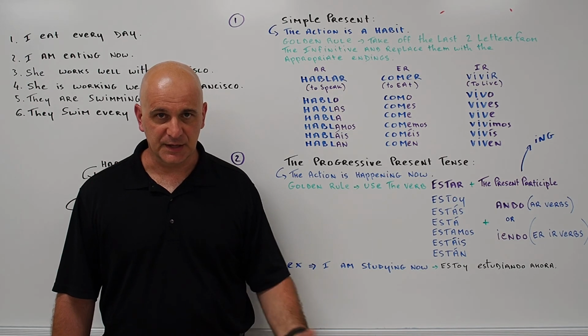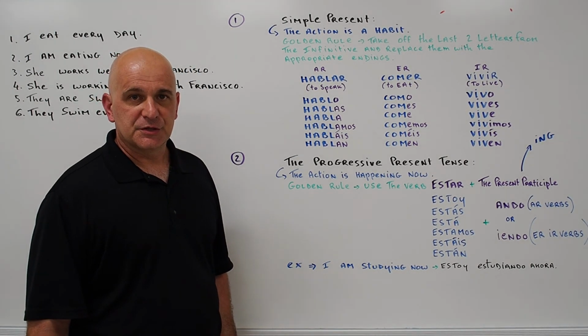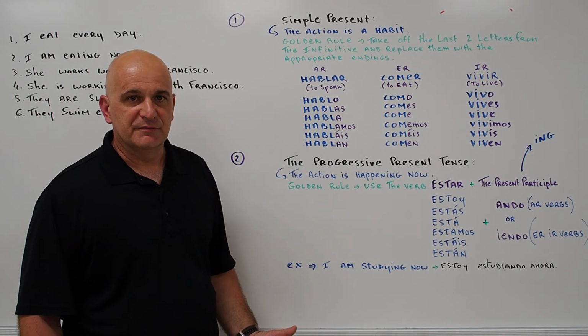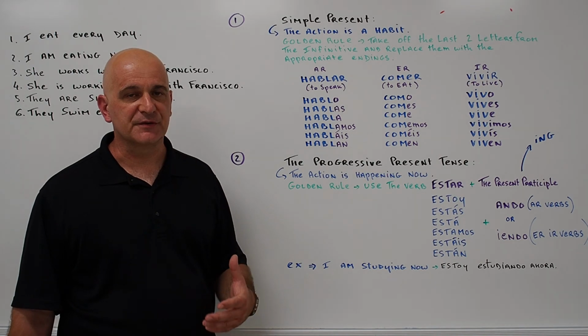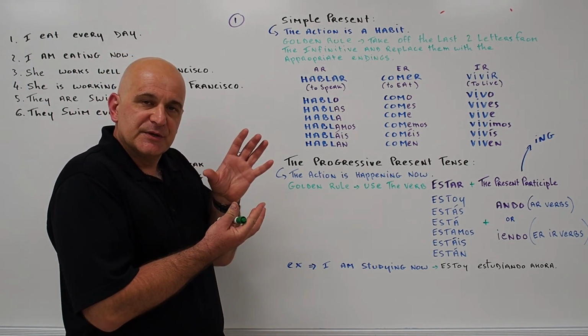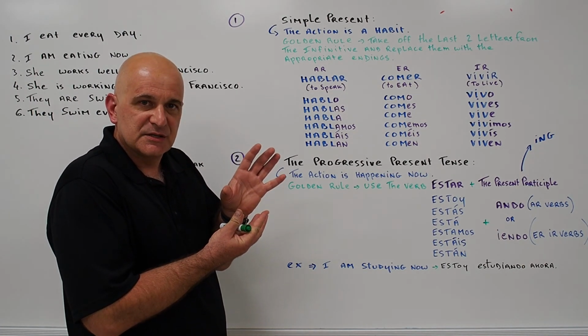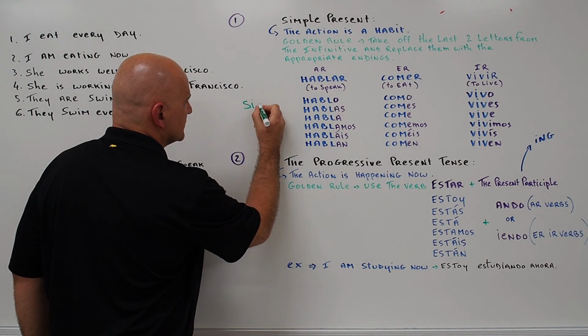Okay? Like when you conjugate a verb in English, in Spanish, in French, in Italian, what you're going to have to understand is that you have a different set of subjects. You're going to have a first set that is going to be singular. I'm going to write it down here so that you can understand.